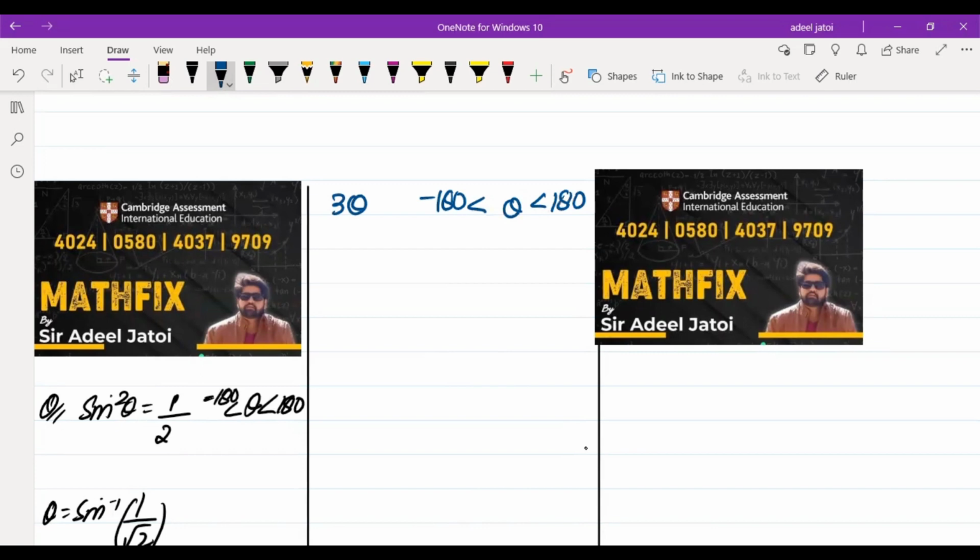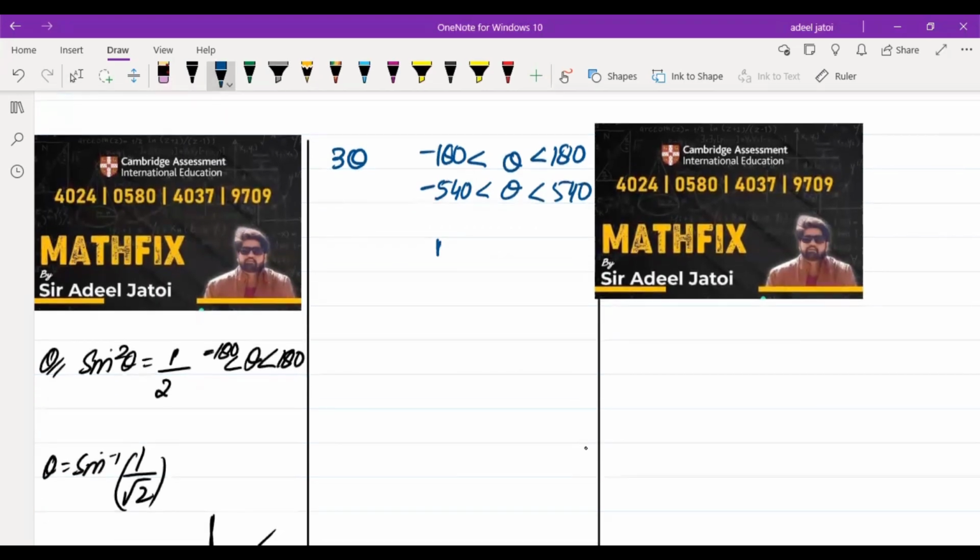So if I multiply it with the range, this should be minus 540 and this should be 540. Now, when I solve and divide by 3 in the end, 540 divided by 3 will end up having 180 degrees.